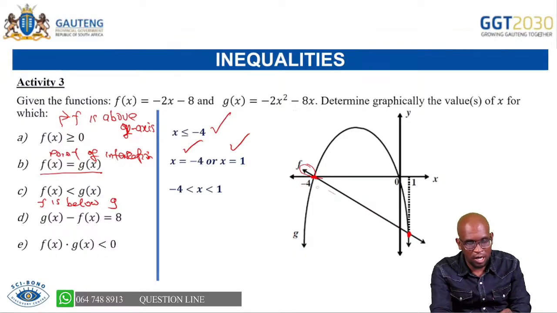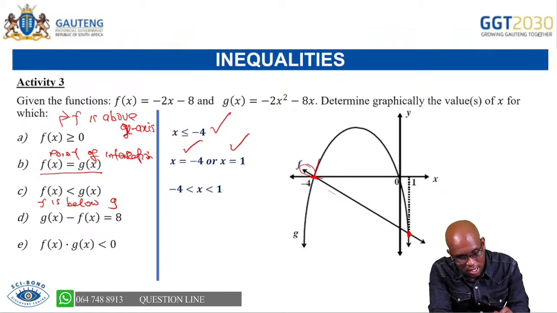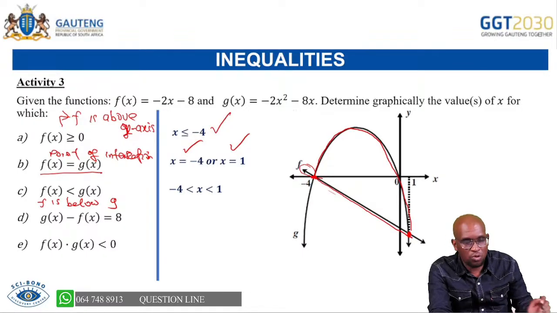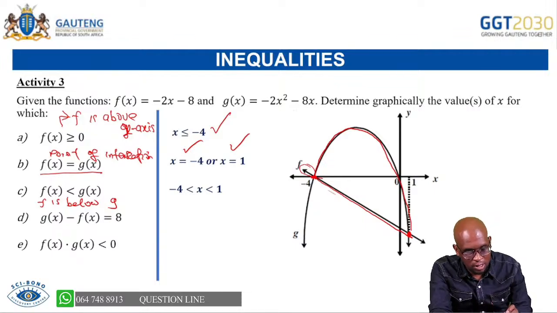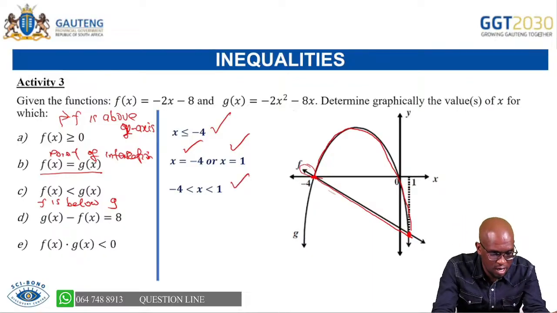If you look at this graph, you can see the straight line is below and the parabola is above. So the parabola here is above and the straight line is below. So that would be in between the turning or the points of intersection, I should say. So you get a mark for that.